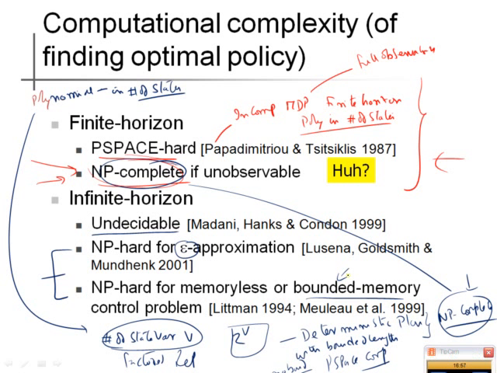The point is that the policy can become unboundedly large. Just the representation of the policy itself can become unboundedly large. No physical agent really can represent such a policy.